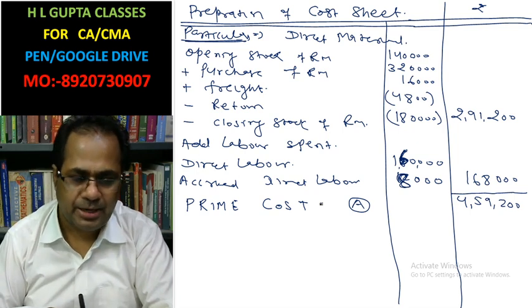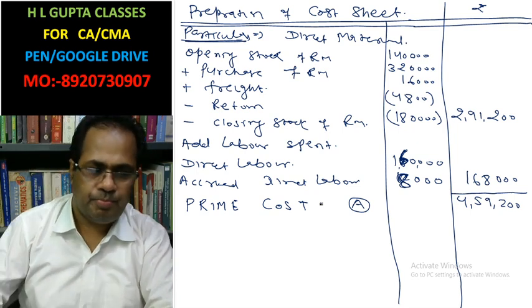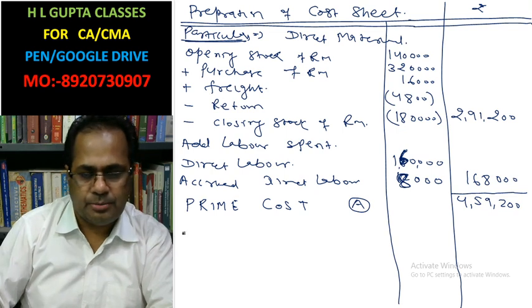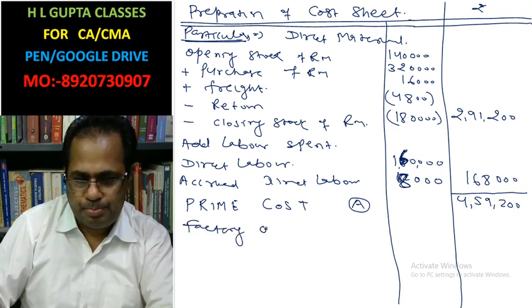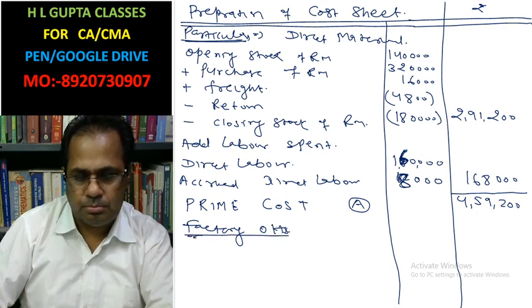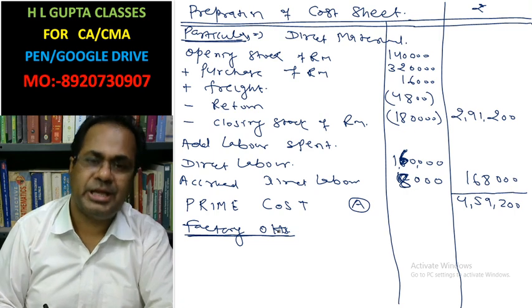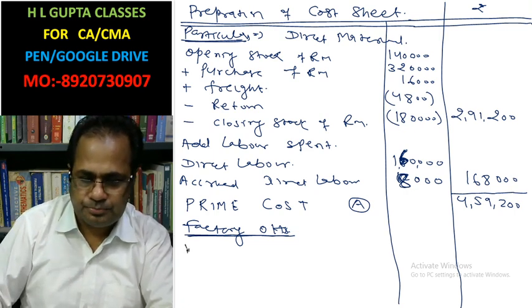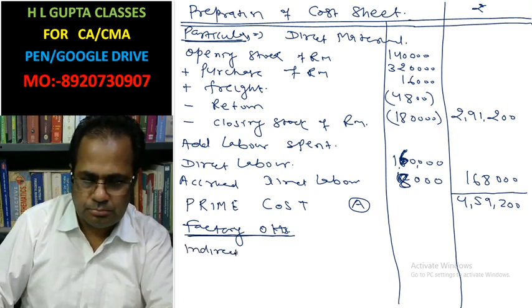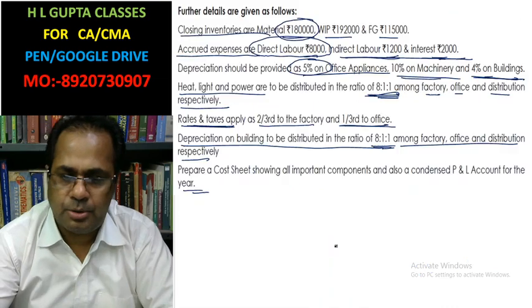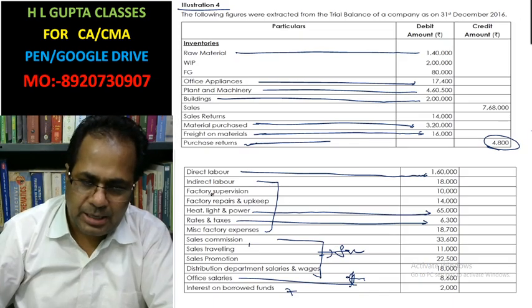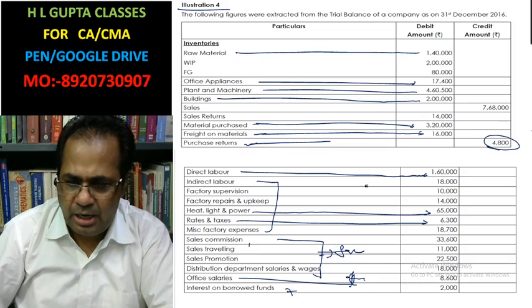Now we have to add factory overhead. In factory overhead, indirect labor cost. What is the indirect labor cost? Indirect labor is given here 18,000.